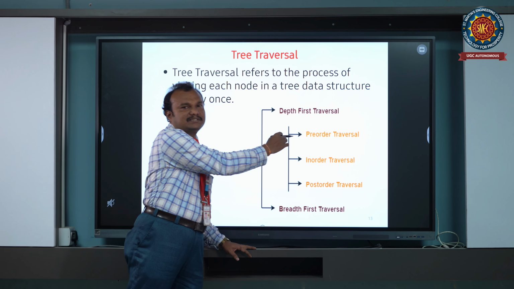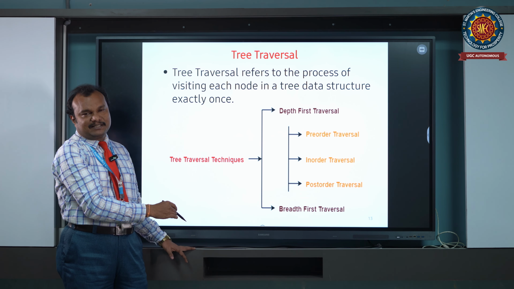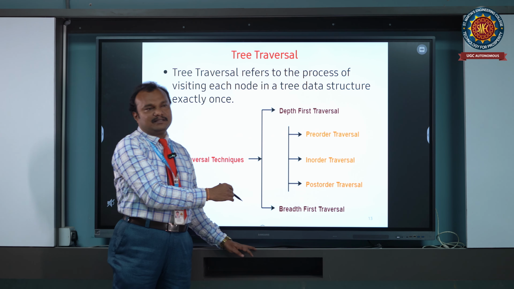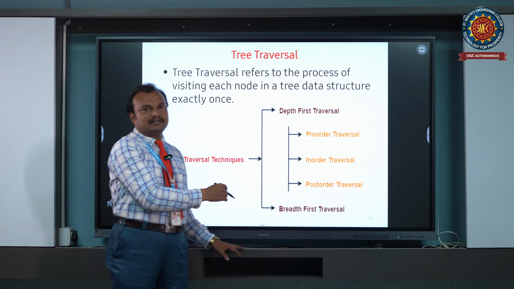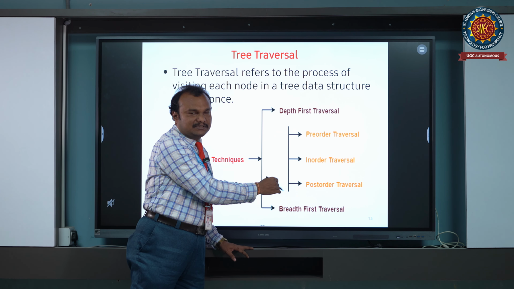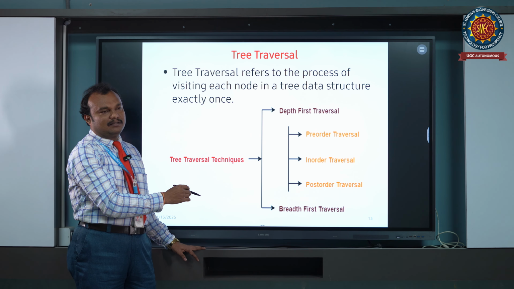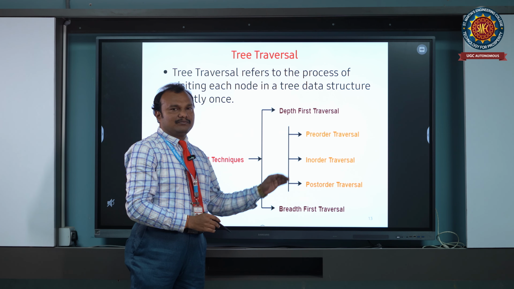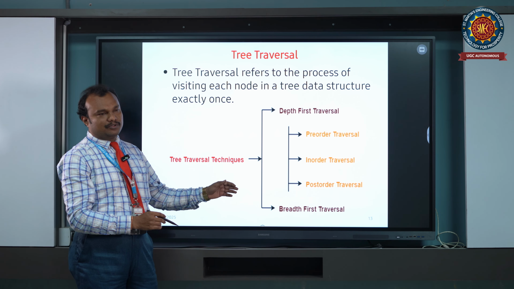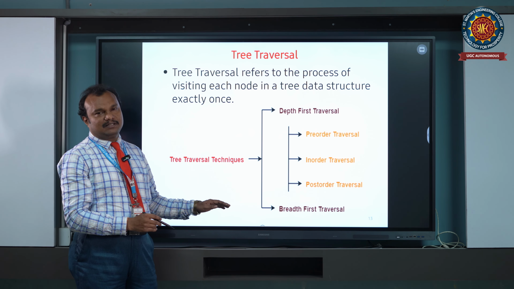Depth first search traversal has 3 types of techniques: pre-order, in-order, and post-order. The breadth first search technique is also called level by level order technique. Now we will see in depth how to perform these tree traversal techniques.